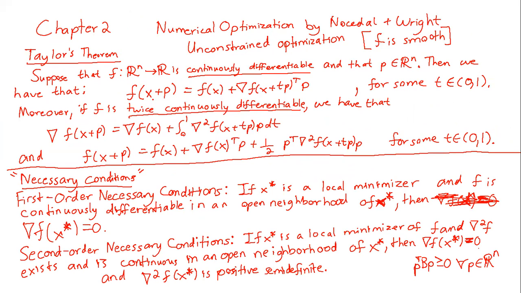We're going to be able to use this, and we're going to look at a case where P is going to be alpha P. So this P is any P in R to the n. If I call it alpha P, that's just renaming it; instead of calling it P, calling it alpha P is totally fine.